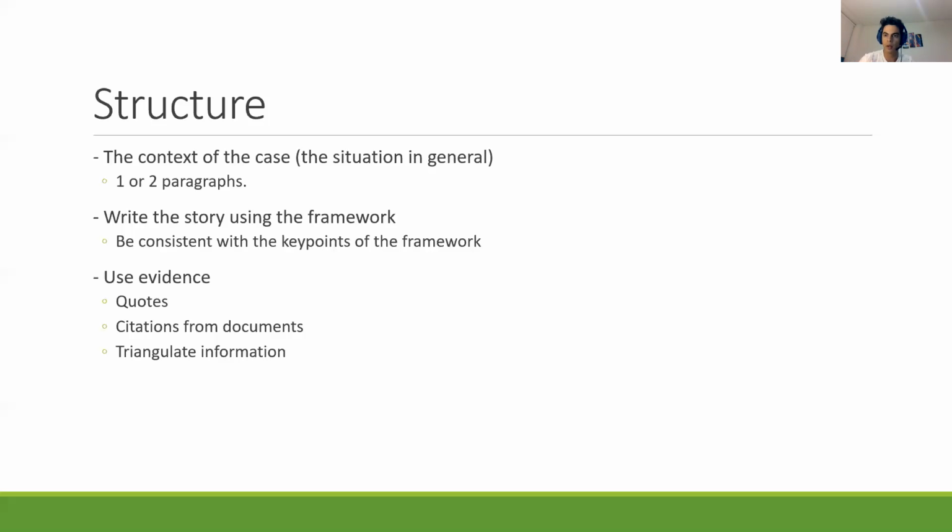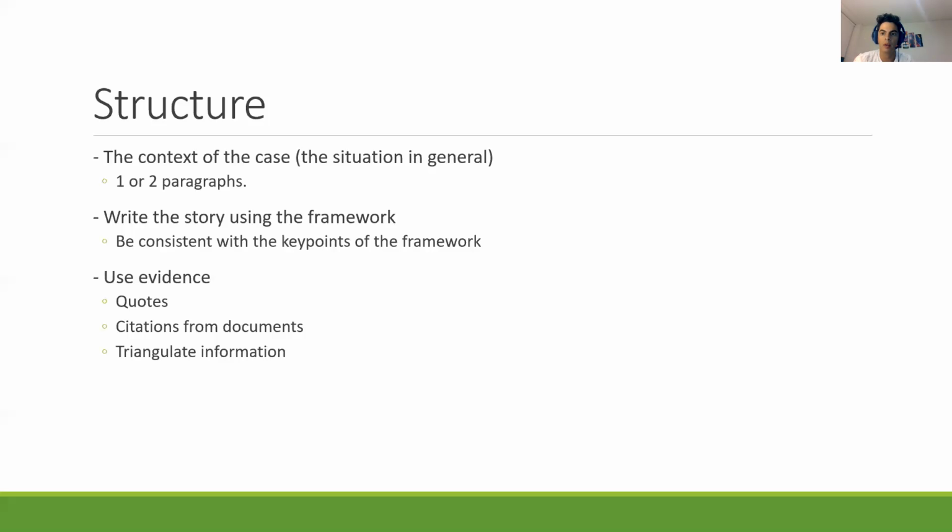You can also talk about the COVID situation. And then from there, everything has to be very theoretical. Everything has to be coherent with the framework that you are using. Or if you are not using a framework, you have to be very coherent with the things that you want to highlight, like in group 1, where they are focusing on the problems that arose after the implementation.